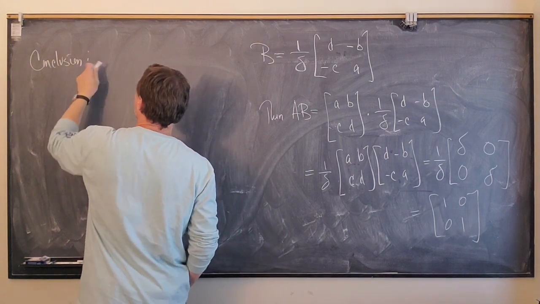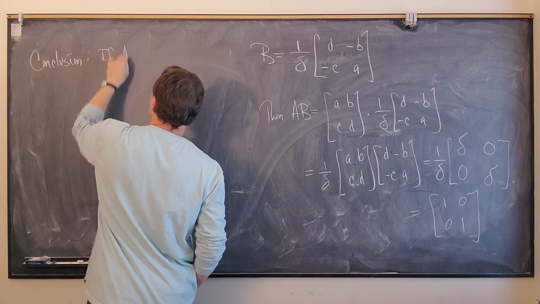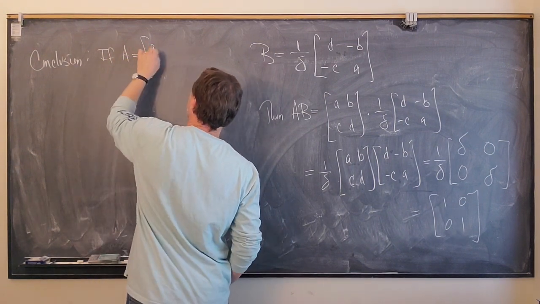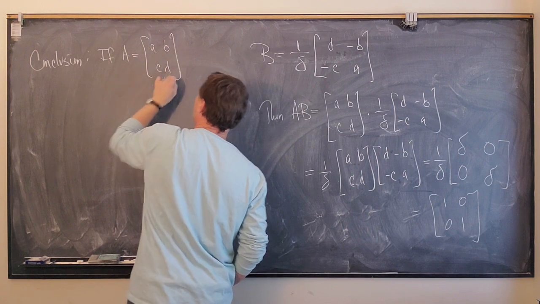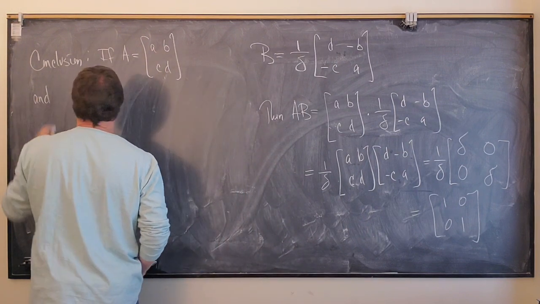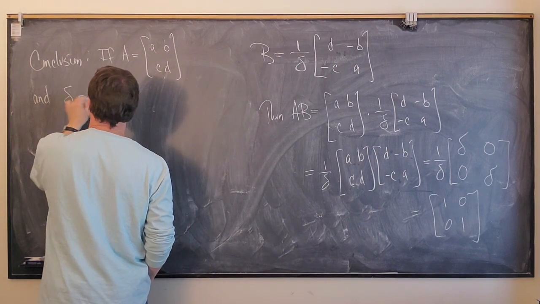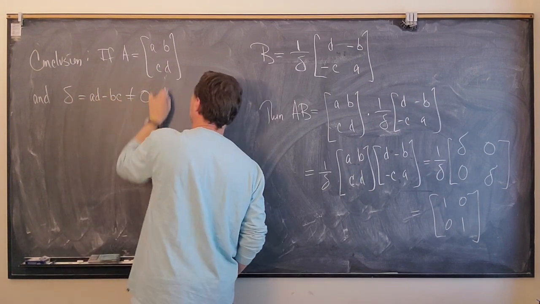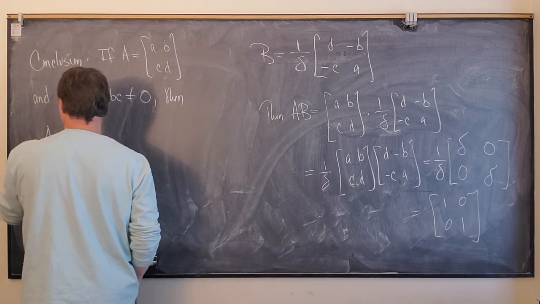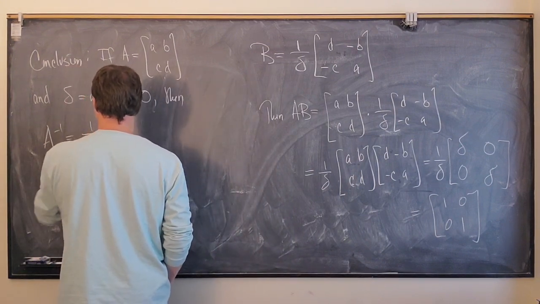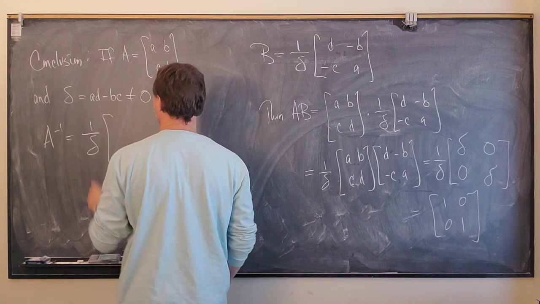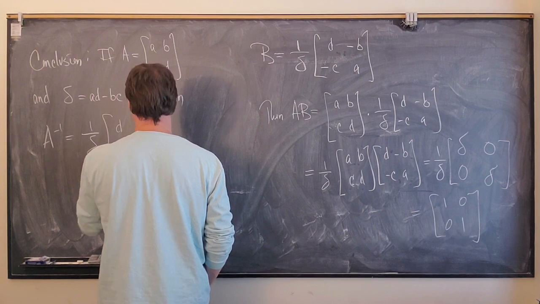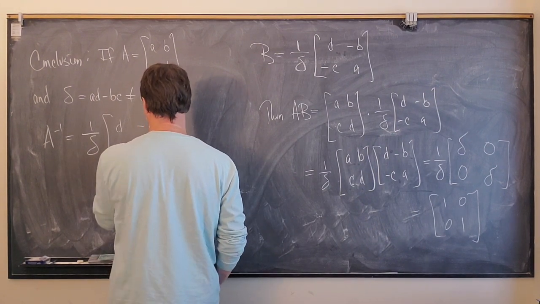If A equals the matrix A, B, C, D, and delta equals AD minus BC is not equal to 0, then A inverse is equal to 1 over delta times the matrix D, negative B, negative C, A.